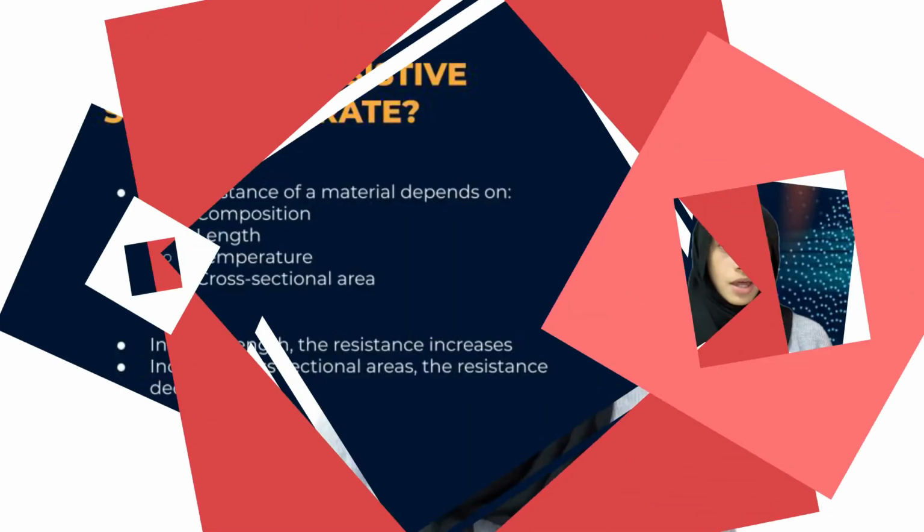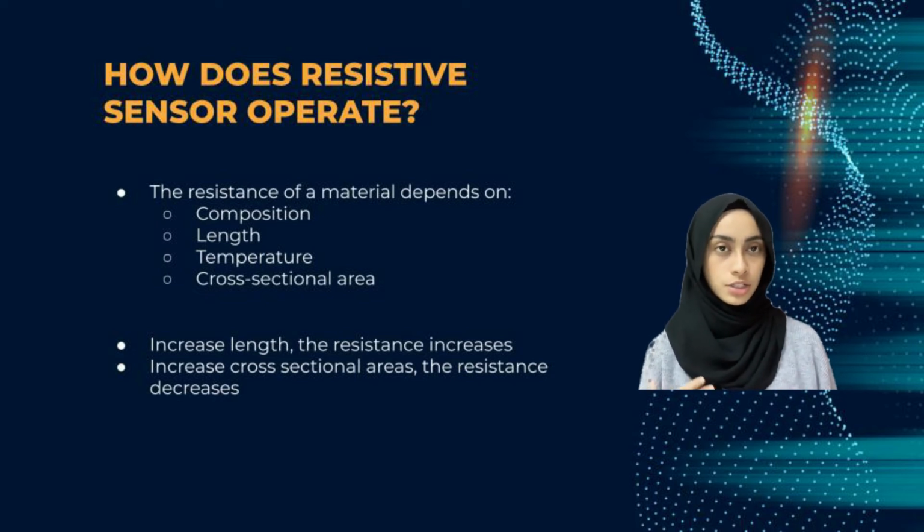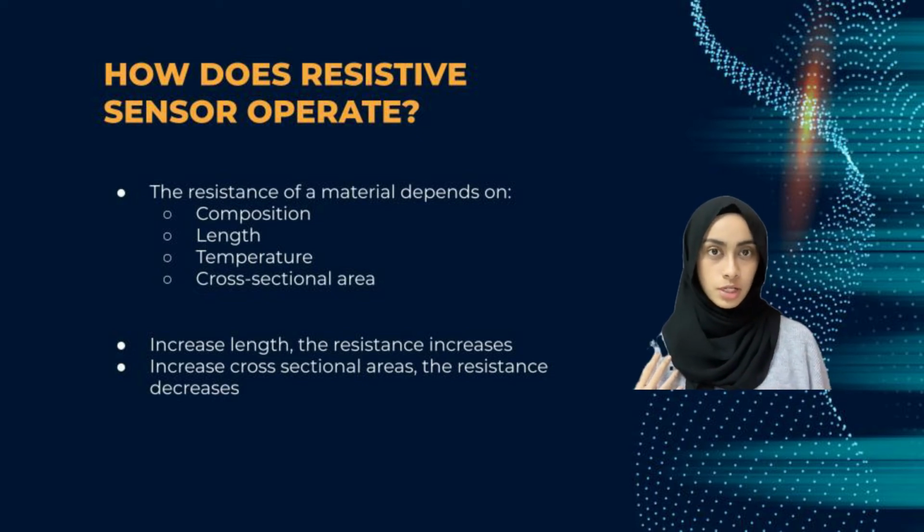So now let me explain how a resistive sensor operates. As we all know, the resistance of a material depends on 4 factors, which are the composition, length, temperature, and cross-sectional area. To change the resistance of a material, you must change the value of one of the factors mentioned.